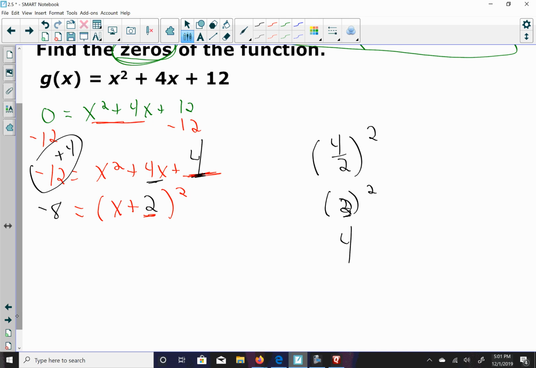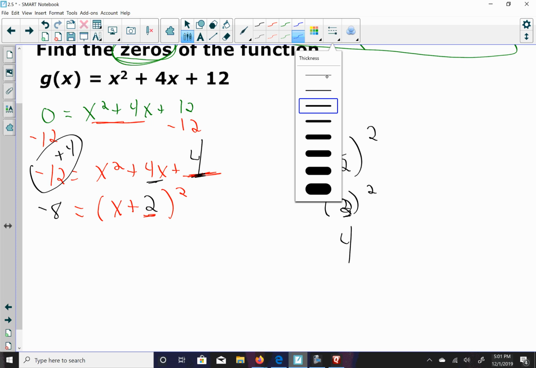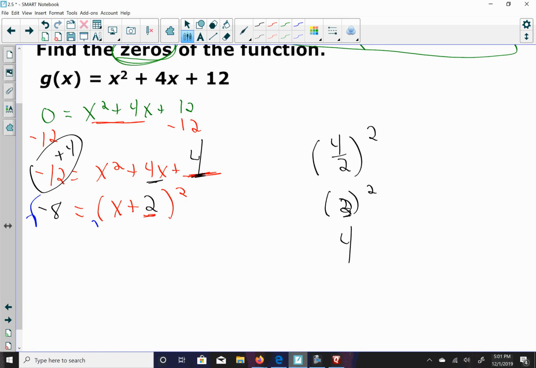So I am going to take the square root of both sides. When I do that, I'm going to think of this as the square root of negative 1 times the square root of 8 is equal to, oh, and there's a plus or minus out in here, x plus 2. I'm going to think of 8 as the square root of 4 times the square root of 2.